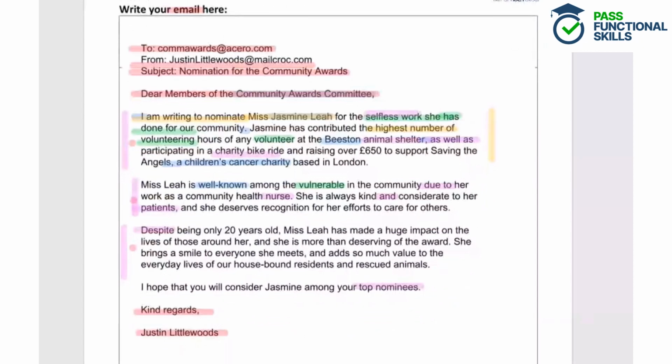So how is that reflected in the answer? Well, it's suited to the purpose because it satisfies all the different parts of the question, and the focus is on persuading readers that Jasmine is a suitable nominee for the award.